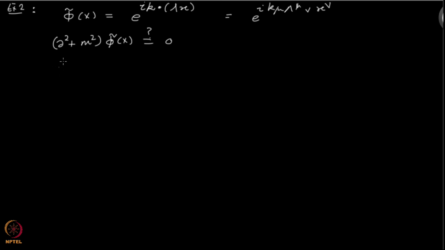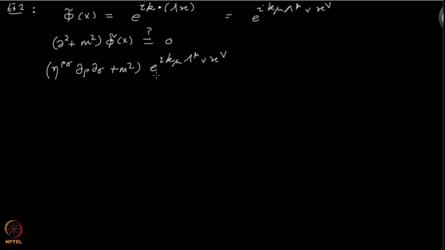So for this operator, I have eta rho sigma del rho del sigma, plus m square phi tilde of x, which is e to the I k mu lambda mu nu x nu. Remember you cannot use mu and nu here again, because then you will start making mistakes. All those things which are contracted, you should keep them different.